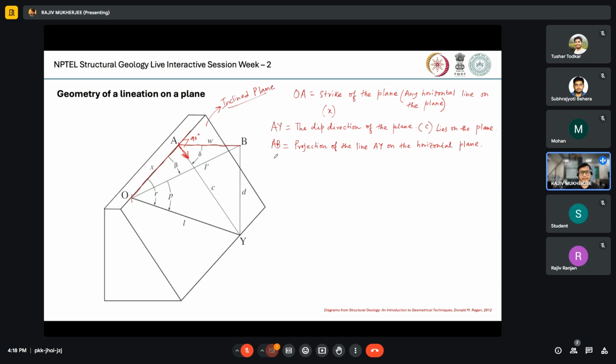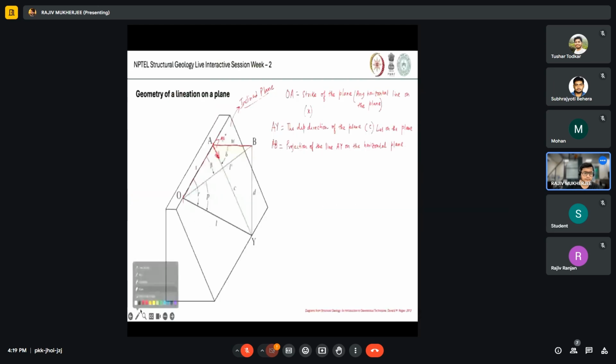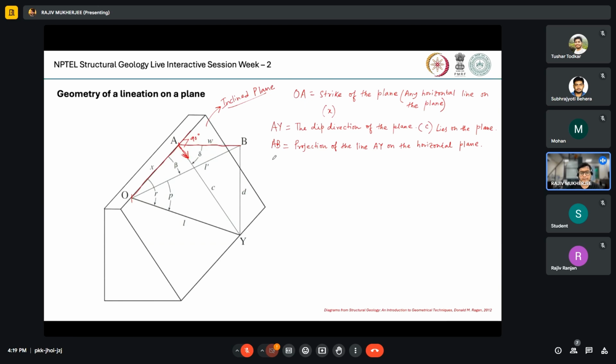BY, this is basically, or if we consider the triangle ABY altogether, so if we consider the triangle ABY, this triangle is basically part of a vertical plane cutting across the inclined plane.